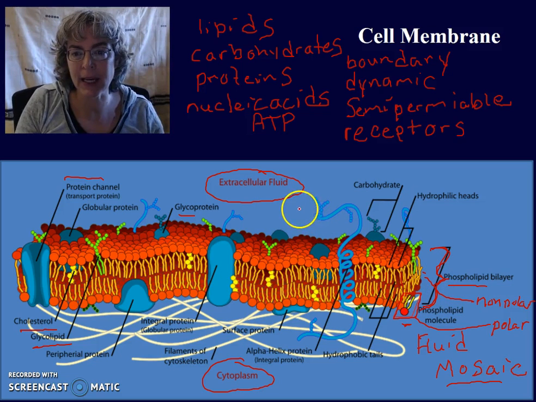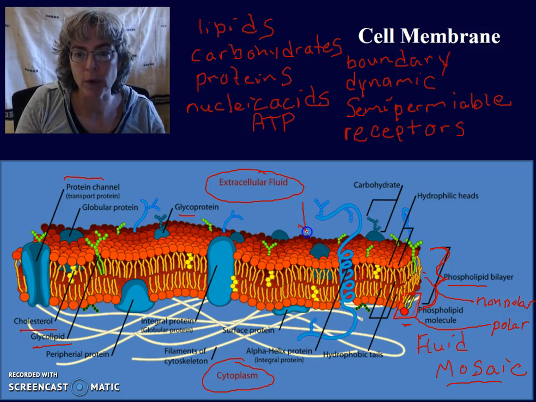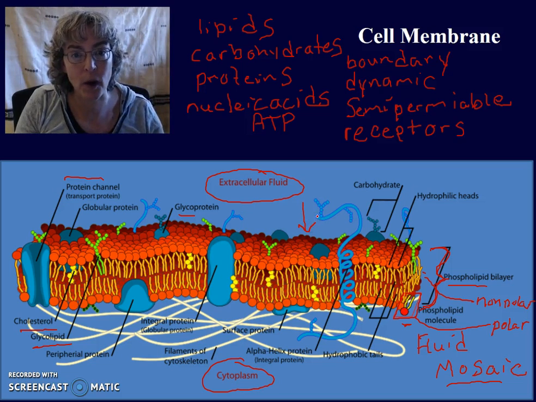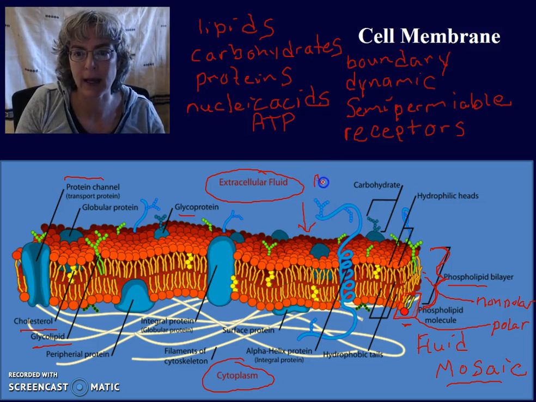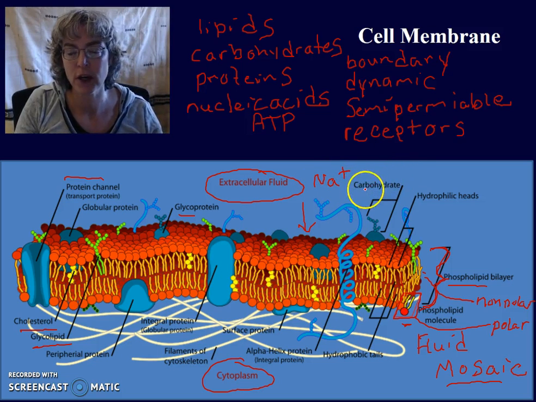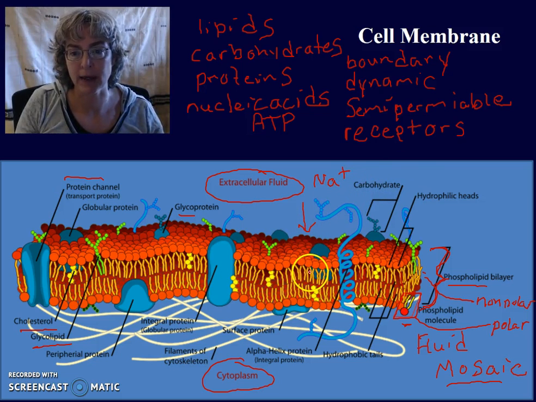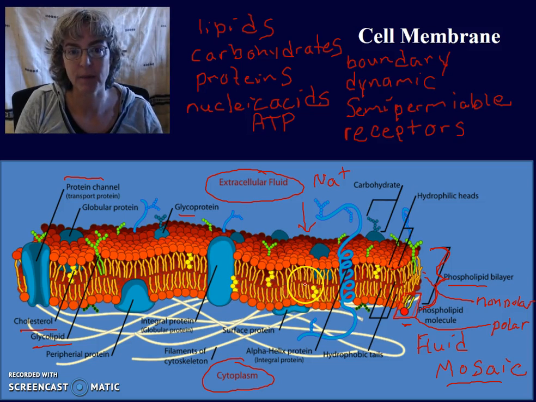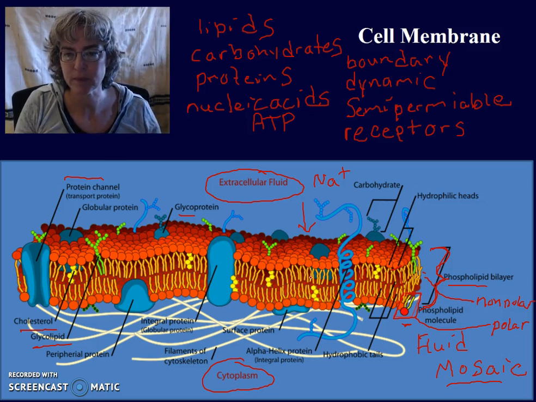And that helps to keep molecules from going through, such as a charged molecule, like an ion, say a sodium ion is charged. So that sodium ion cannot get through the non-polar center, the tails in the center of the membrane.